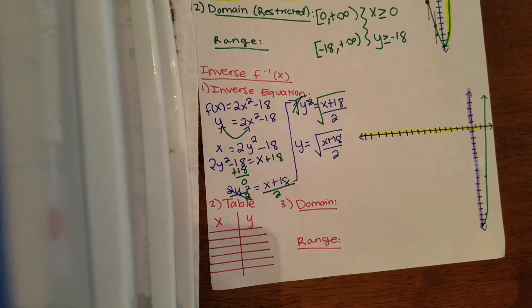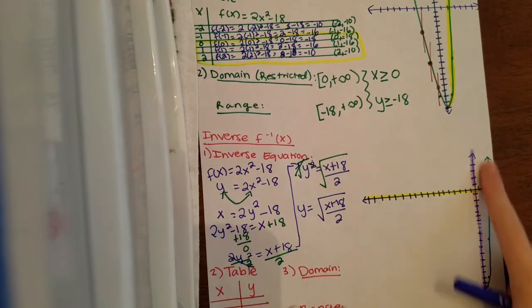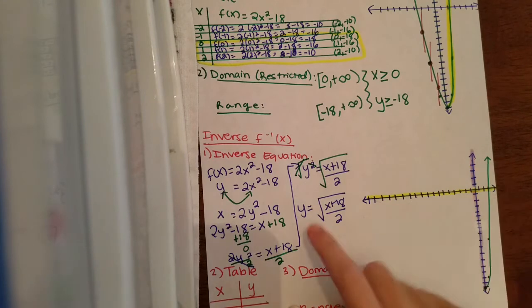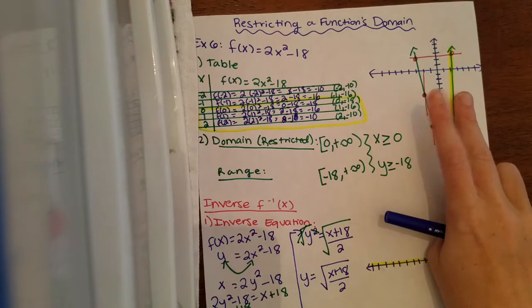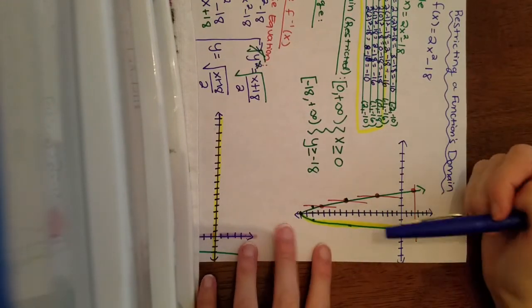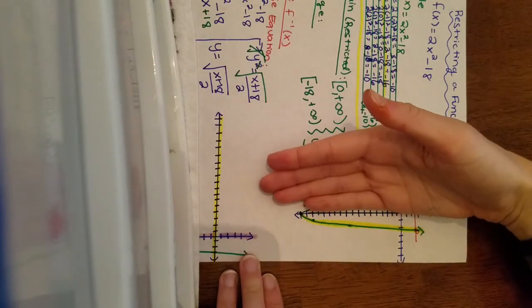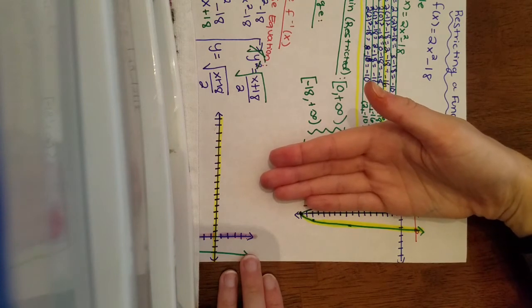Now you're probably thinking, hello, Miss Long, you forgot the plus or minus. Well, there's a reason why I did not put the plus or minus there. Since we restricted our domain up here and we're only focusing on the positive values, I'm not going to put the positive and negative side, because then my inverse will have both sides graphed. If you visualize the inverse, the positive side of the graph is the one above the x-axis, and the negative side is the one below the x-axis.